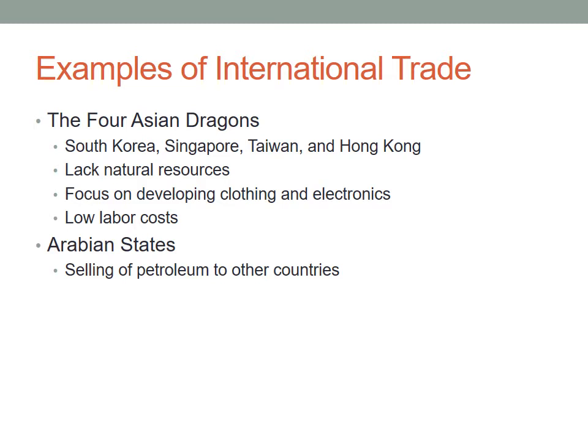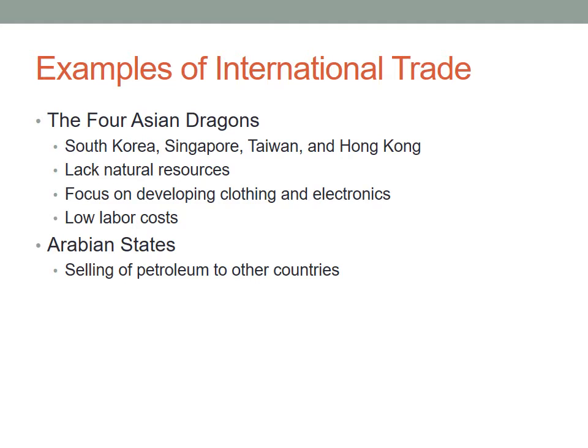The 4 Asian dragons are your go-to example of countries that benefited through international trade, because throughout these 5 stages, the country is trading with other countries, trying to specialize in their resources so production is evenly balanced between different countries. Your 4 Asian dragons actually didn't have any real resources to invest in other than their labor force.